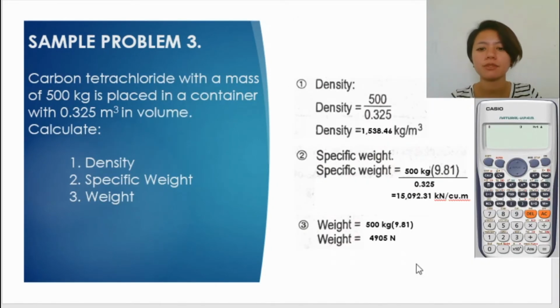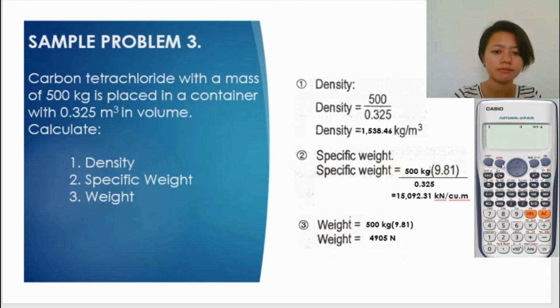For sample problem number 3, we have carbon tetrachloride with a mass of 500 kilograms placed in a container with 0.325 cubic meter in volume. Calculate density, specific weight, and weight. Let's start with number 1. Simply, density, rho, equals mass over volume.